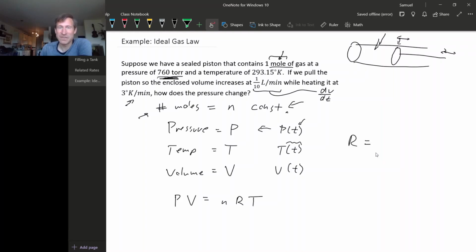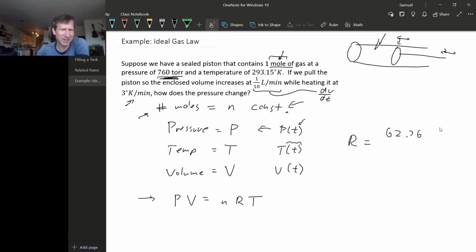So for these units, torr, Kelvin, and liters, R is a certain value that we have to just go look up. I have looked up the value for R for these particular units, and it turns out it is 62.36. And the units for this are a little bit crazy, but they are what they have to be to make the ideal gas law formula make sense.